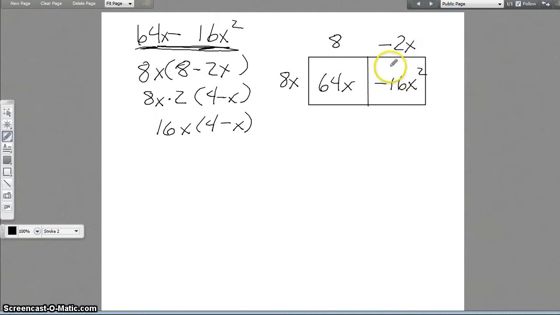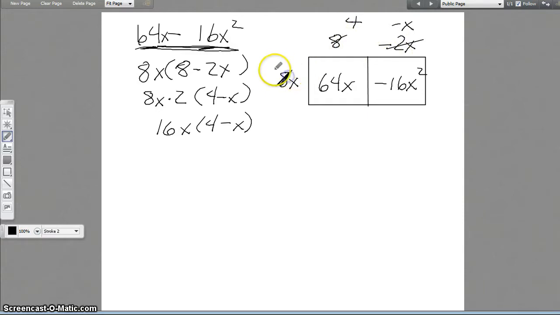Then we'd look at that and say, wait a minute, these are both even numbers. We can break that down more. If we divide both of these by 2, dividing the 8 by 2, we end up with 4. Dividing the negative 2x by 2, we end up with a negative x. If we divide that factor by 2, then we have to multiply this factor by 2.